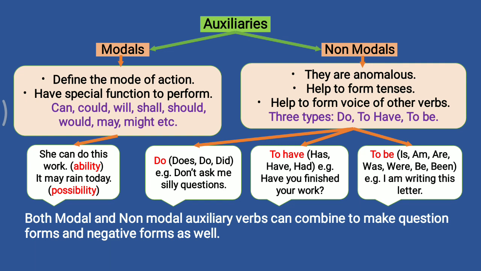To have, it can be used in the form of has, have and had. For example, have you finished your work? To be, its forms are is, am, are, was, were, be, been. For example, I am writing this letter. So both modal and non-modal auxiliary verbs can combine to make question forms and negative forms as well.